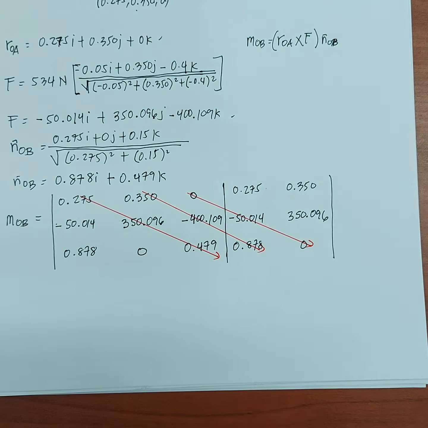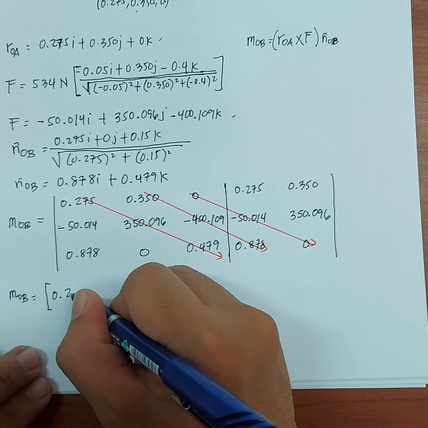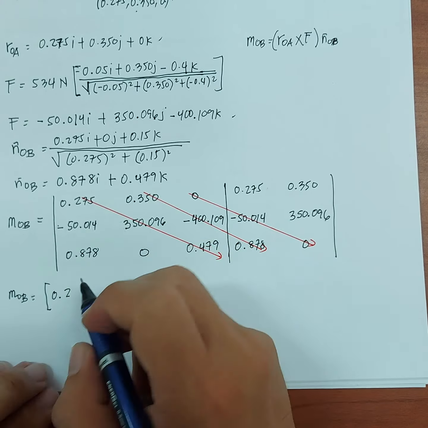Okay. So MOB is equal to, we have 0.275 times 350.096.